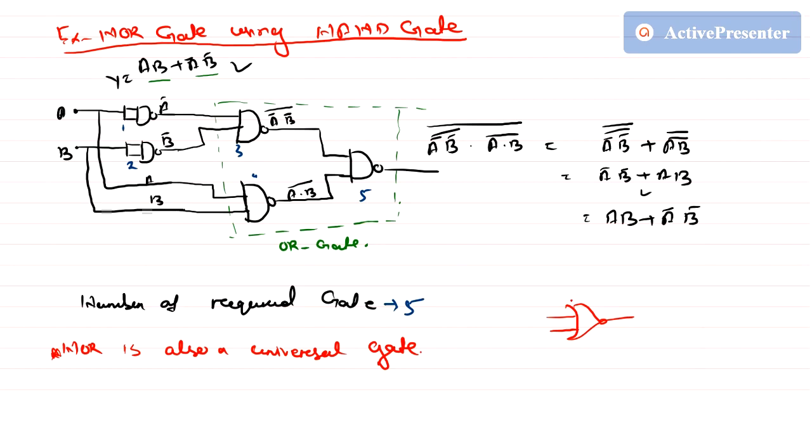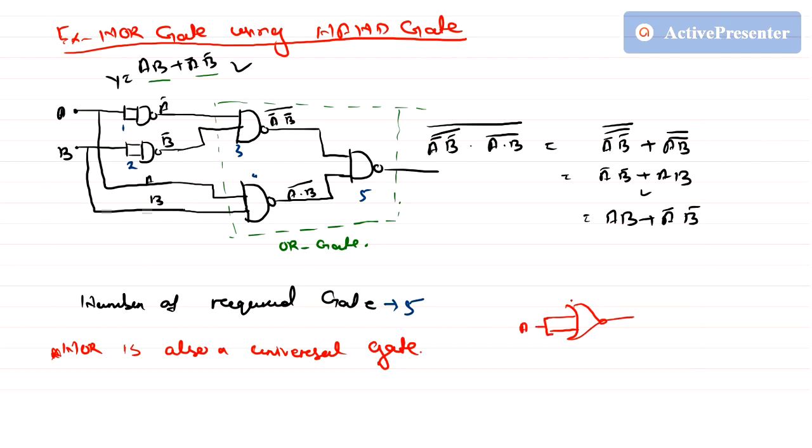I'll just show you a NOT gate using a NOR gate, and you try to design all other gates using it. I have designed all the gates using the NAND gate, and you try to design all the gates using the NOR gate.